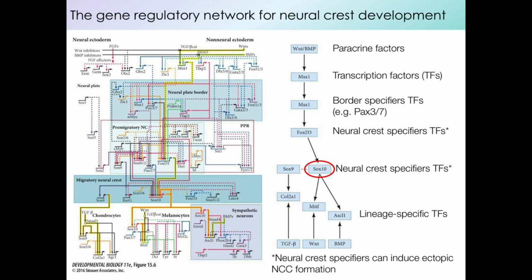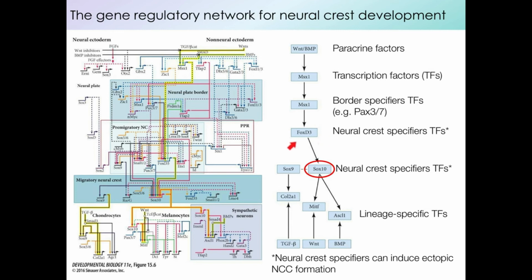The border specifiers are necessary to give the border cells the ability to become neural crest cells, but also to become dorsal neural tube cells. So this is a more general set of transcription factors that will then activate a second set of more specific transcription factors, the neural crest specifier transcription factors.